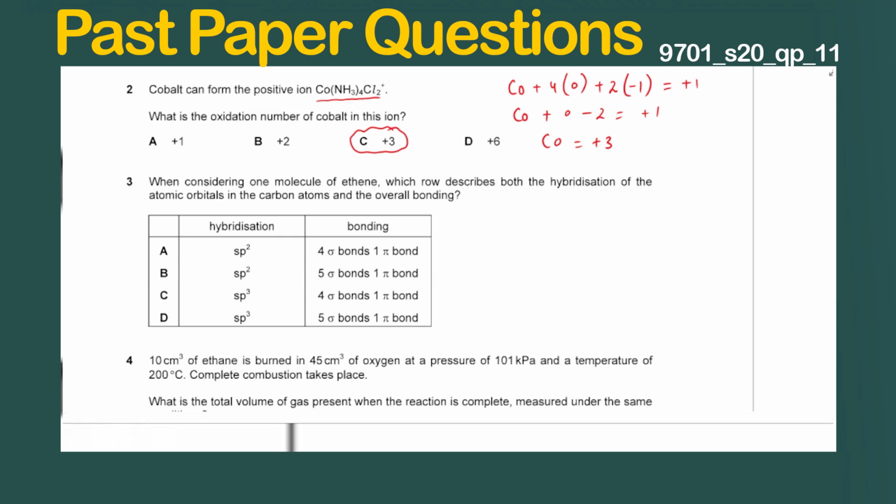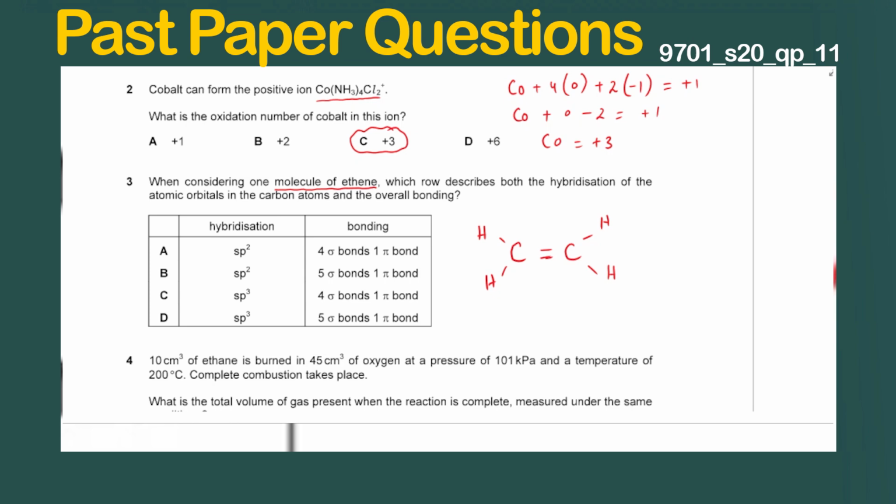Here we have question number 3. When considering one molecule of ethene, which row describes both the hybridization of the atomic orbitals in the carbon atoms and the overall bonding? We have a molecule of ethene here, so there must be a carbon-carbon double bond, and both carbons have 2 hydrogens.